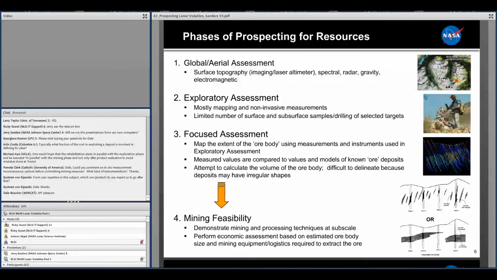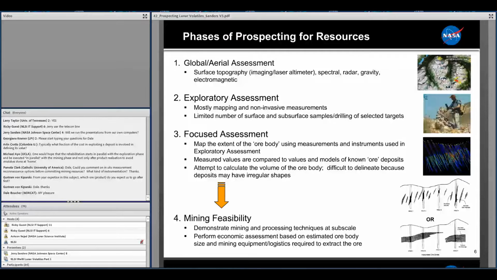And to a certain extent, if you don't do enough assessment, you can fool yourself. Here's a situation where you get the same data from 4 different drilling activities, but your resource could be a completely different ore body. Once you've done this, you then go towards your mining feasibility aspect.